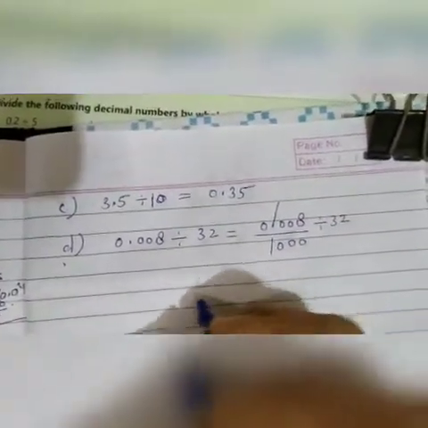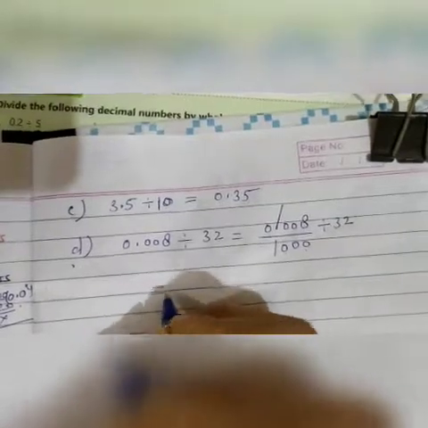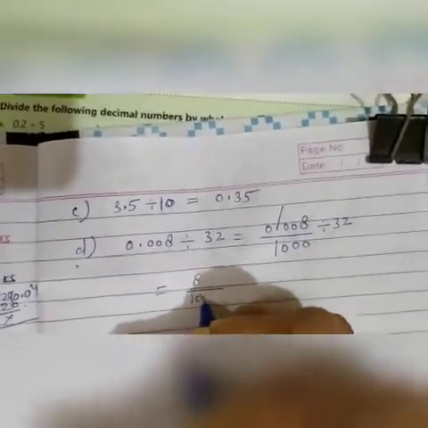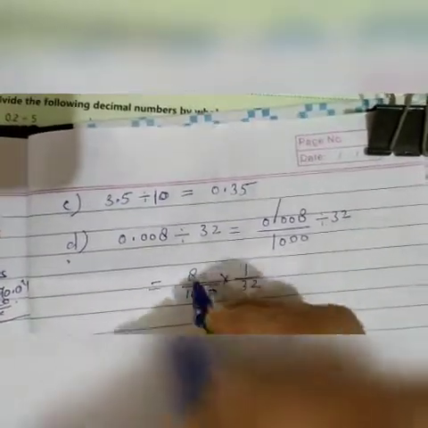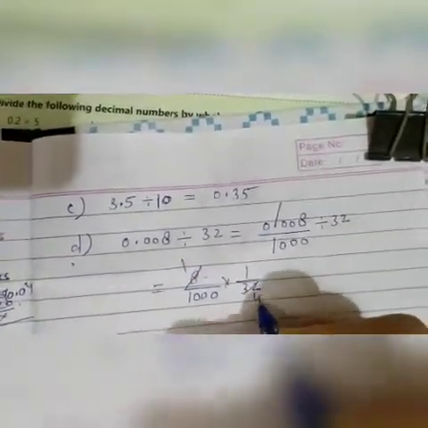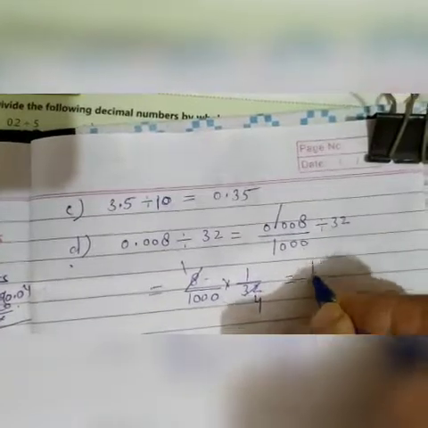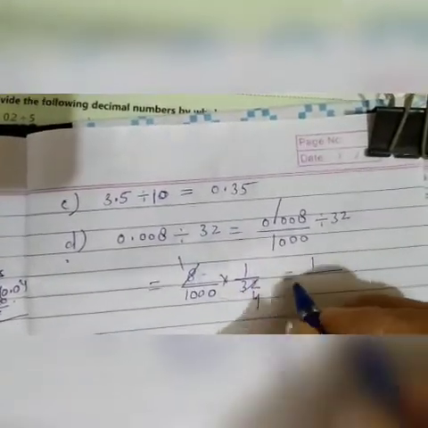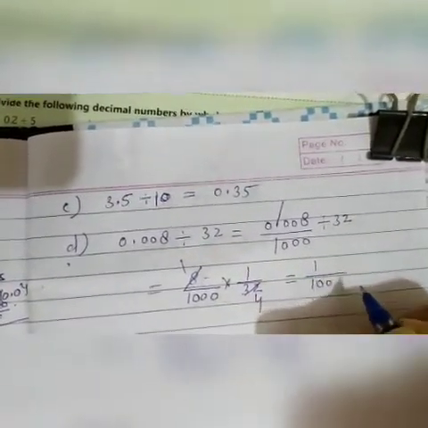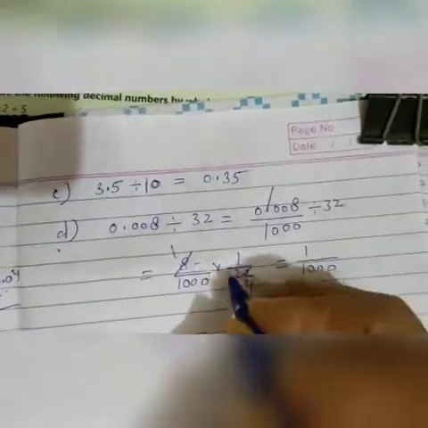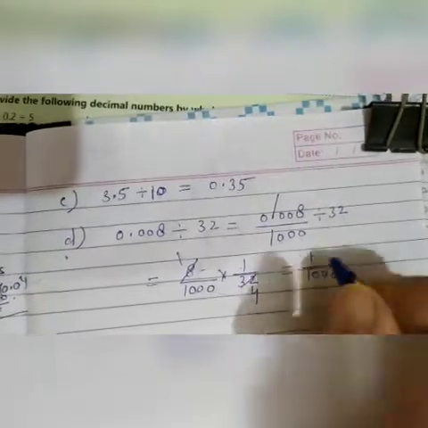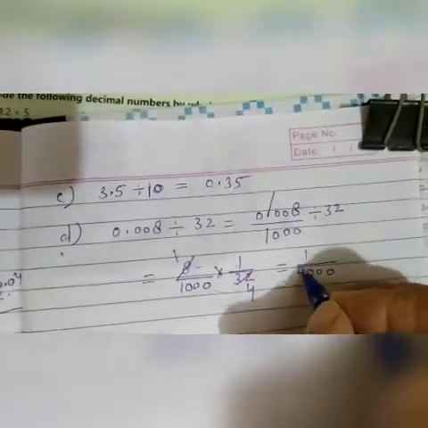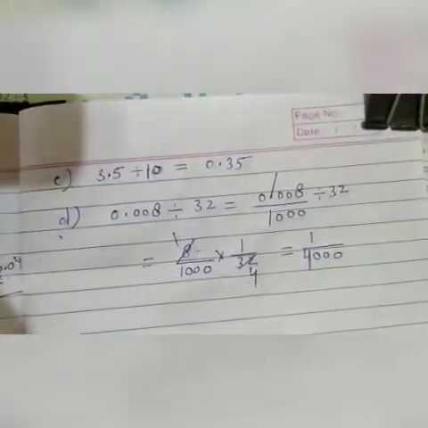Now it is 8 upon 1000 multiplied by 1 upon 32. 8 1s are 8, 8 4s are 32. It is 1 upon 1000 into 1 upon 4. So it will become 1 upon 4000.